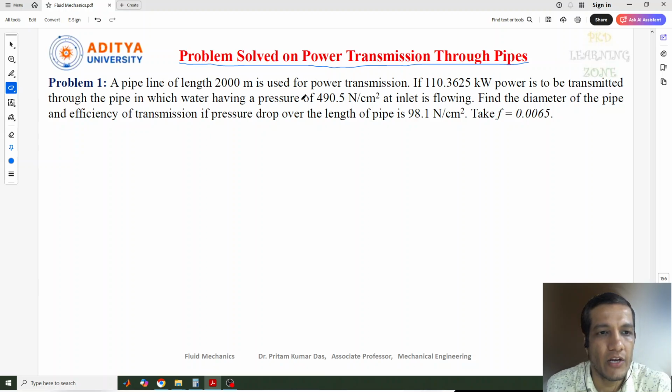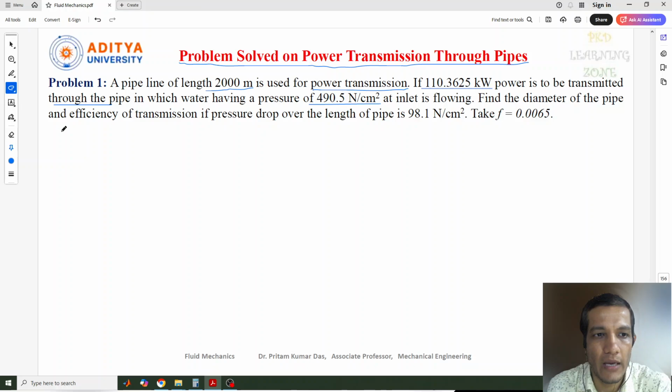So here I have taken a question: a pipeline of length 2000 meter is used for power transmission. If 110.3625 kilowatt power is to be transmitted through the pipe in which water having a pressure of 490.5 Newton per centimeter square at the inlet is flowing. This is the power and this is the pressure at the inlet condition.